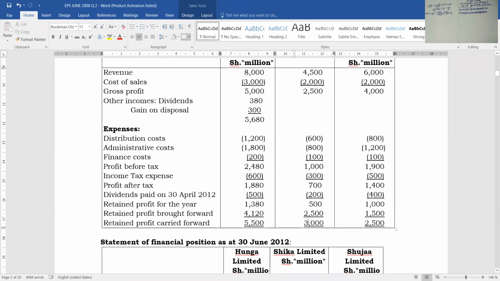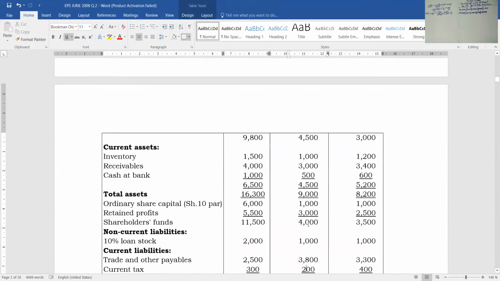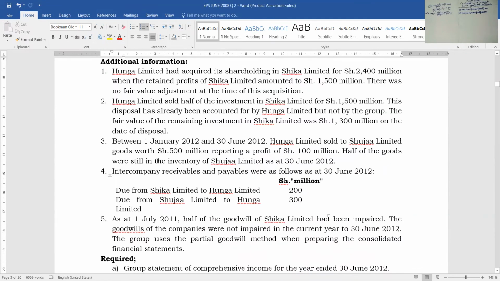That is fine. So you can go to that additional information, so that you can see what I was doing. Additional information number 3, you can see they said there were these goods which were sold by Hunga to Shujaa, worth 500, reporting a profit of 100. A half of the goods were still in the inventory of Shujaa as at 30th June 2012.